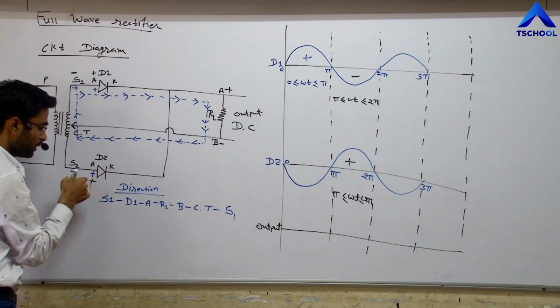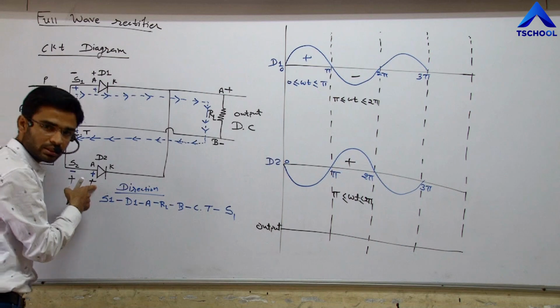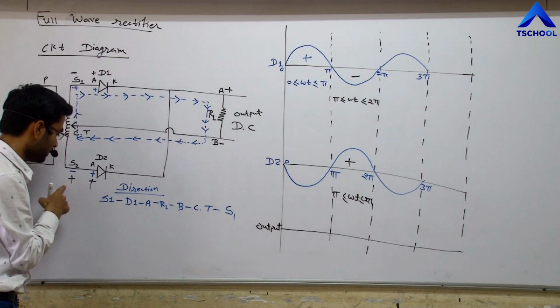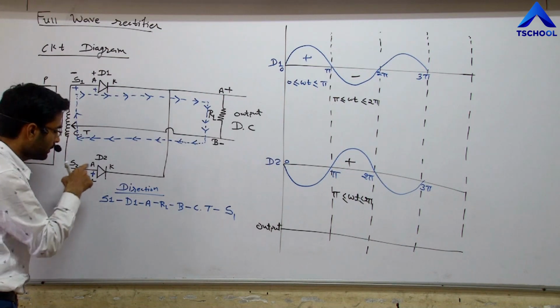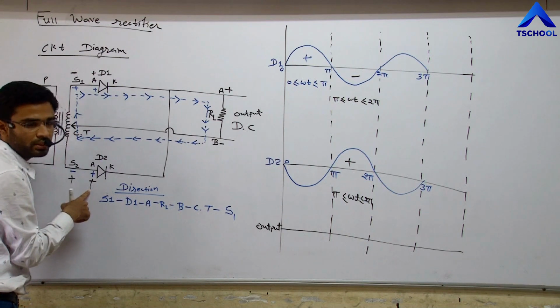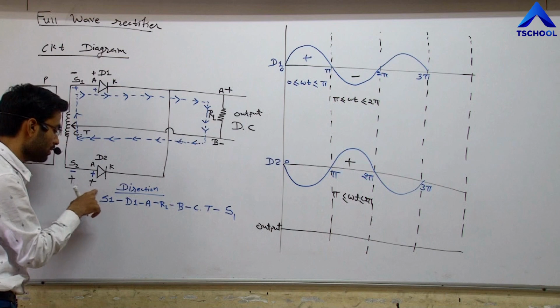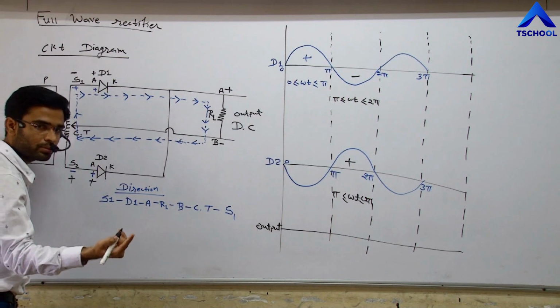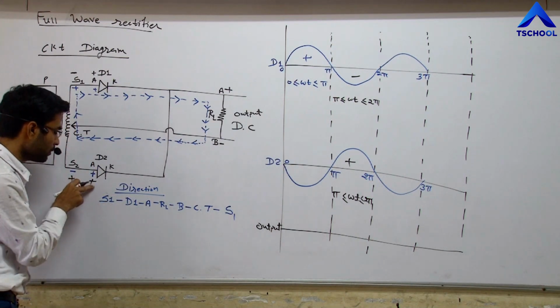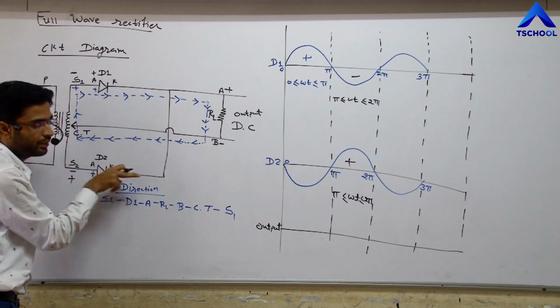Positive is connected to the P section of the PN junction diode, meaning the diode is in forward bias mode. When the diode is in forward bias mode, it allows the current to flow through it.